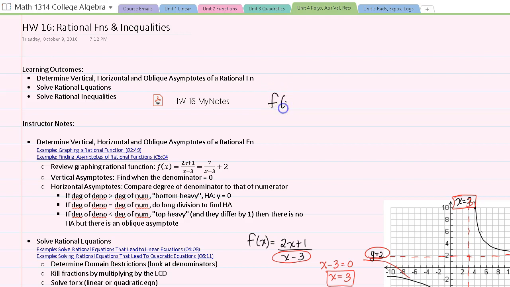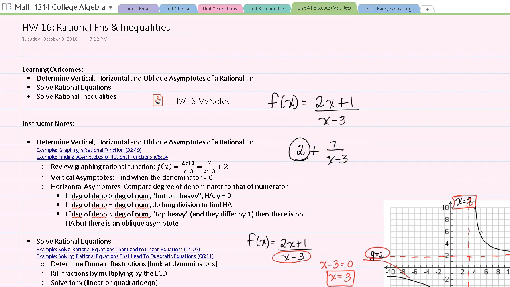We can determine the horizontal asymptote by dividing the fraction, similar to the example that we started with. We had f of x is equal to 2x plus 1 over x minus 3, and found after long division that it is the same thing as 7 over x minus 3 plus 2, and 2 is the horizontal asymptote.